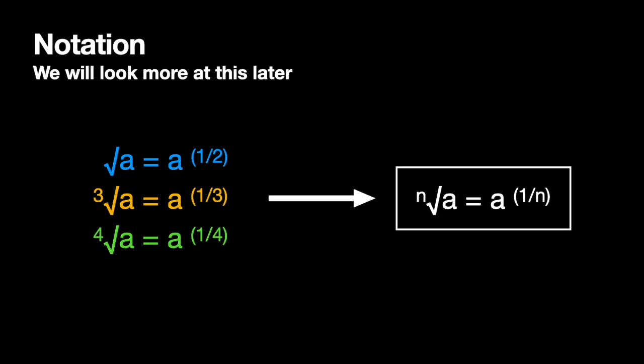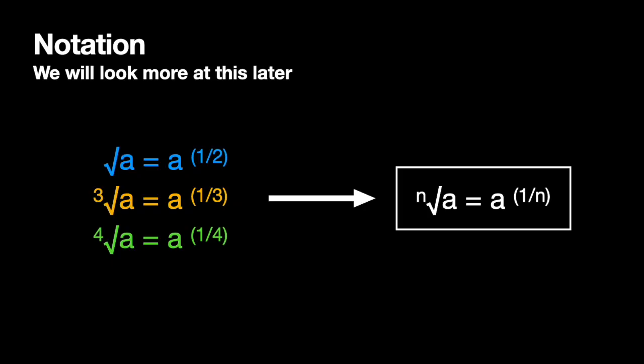So here is some notation on nth roots, which we'll look at later. But we can represent, for example, the square root of a as a to the power of 1 over 2. And we can represent similarly the third root, or the cube root, of a as a to the power of 1 over 3.